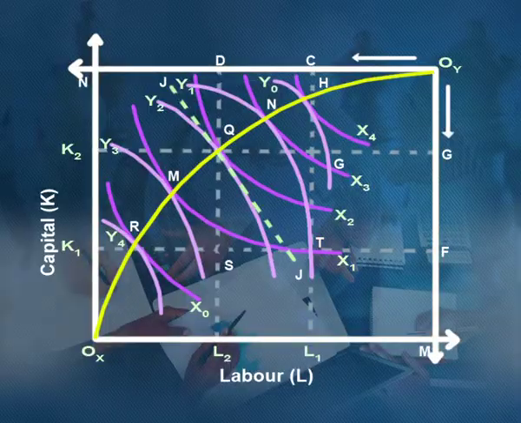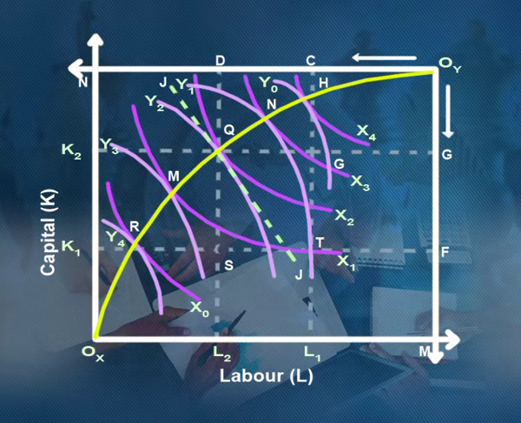The general equilibrium of production would lie at the efficient point on the contract curve. In this figure, given the initial factor allocation at point T, if general equilibrium of production occurs at point Q on the contract curve RH, it will determine the allocation of factors between the two goods and also the equilibrium production of the two goods.